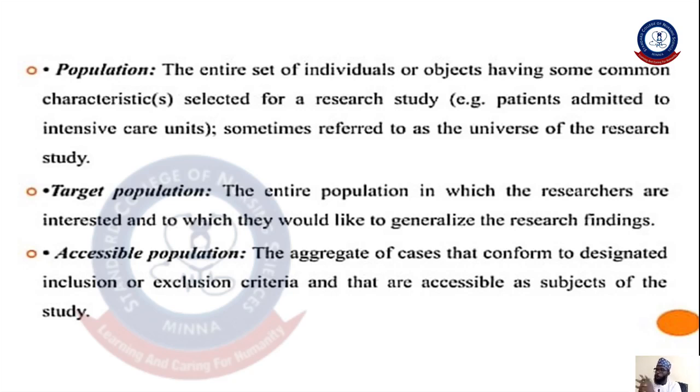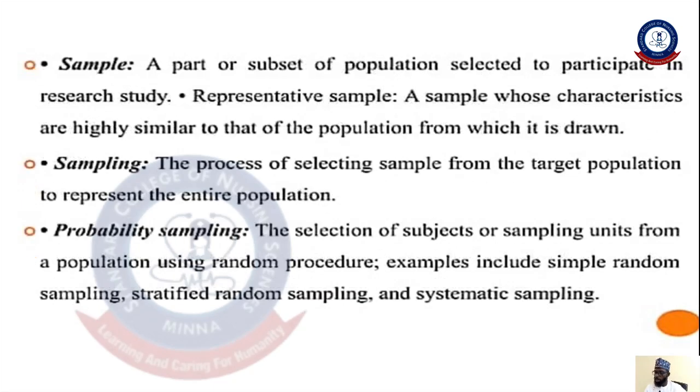These are your accessible population, or that will conform to your designated inclusion or exclusion criteria of your study. So these are your accessible targets. Or you narrow it to a class. You say students of so set. So this is your accessible population. I hope you're understanding what we're saying.